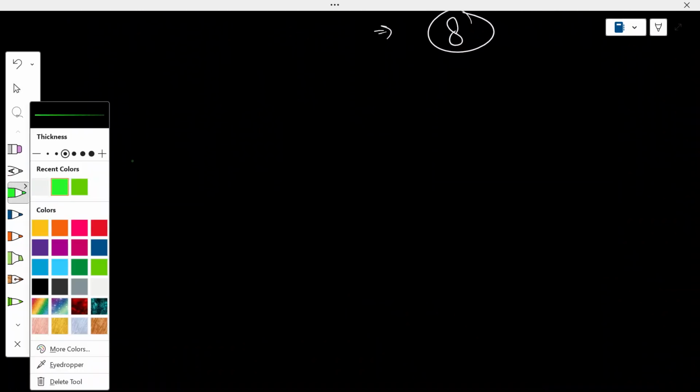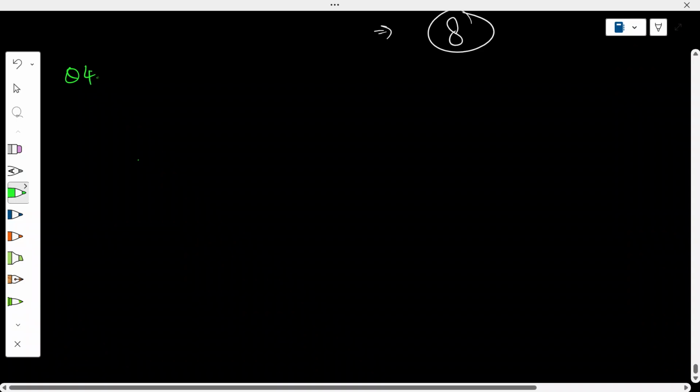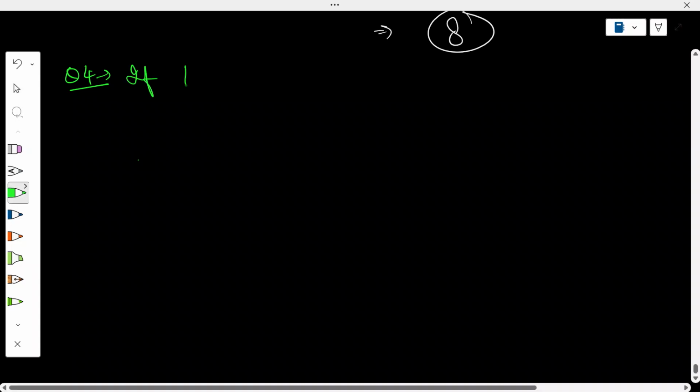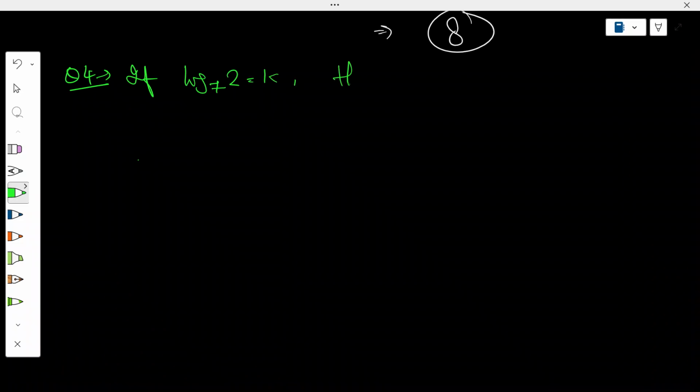So in next question, question number 4, we have been given that if log base 7 of 2 is k, then we have to find the value of log base 49 of 28, and this is the question.